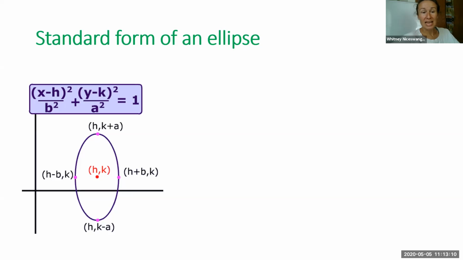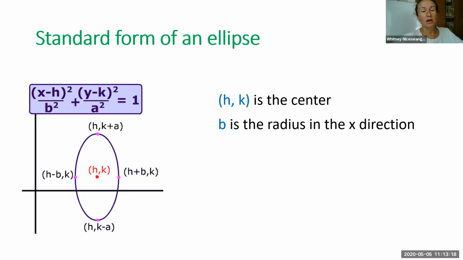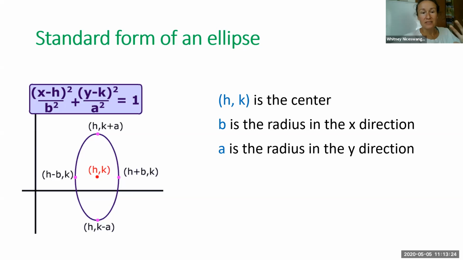Okay. Now, whatever number the x is being divided by is going to be the radius in the x direction. Whatever number the y is being divided by is going to be the radius in the y direction. Obviously, you have to square root those two. So take a look over here at the standard form of an ellipse.